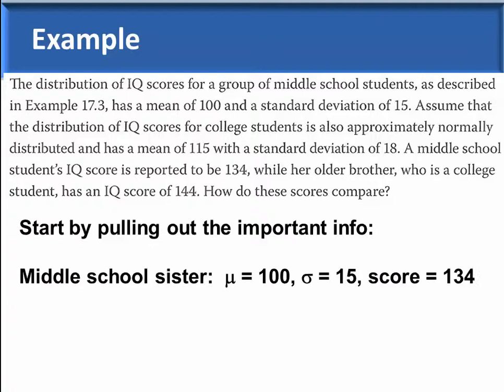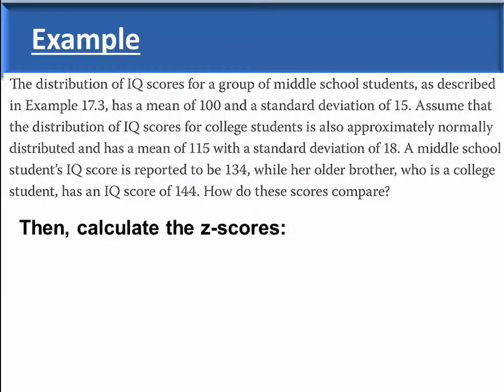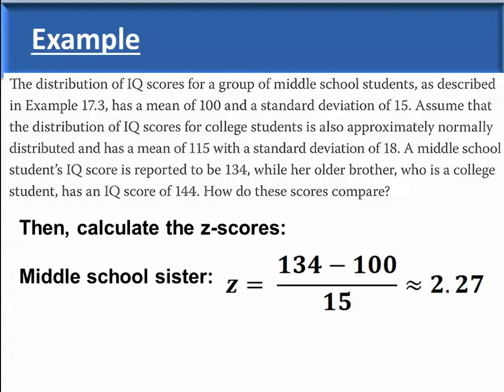So we pull out the important information. For the middle school sister, mu is 100, sigma is 15. Her actual score, the data value, is 134. For the college brother, mu is 115, sigma is 18, and his score was 144. So now we're going to calculate the z-scores.